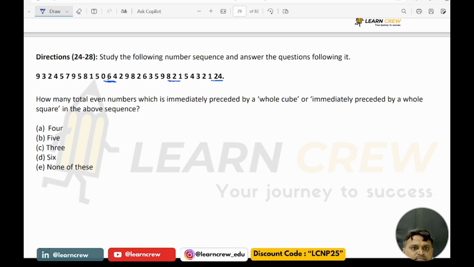No. And a whole square is not there here. Even number preceded by a whole cube is not there. So I could find only 3.